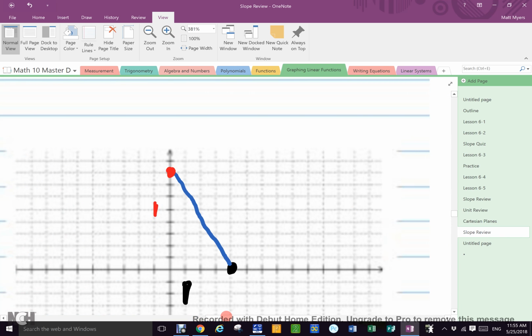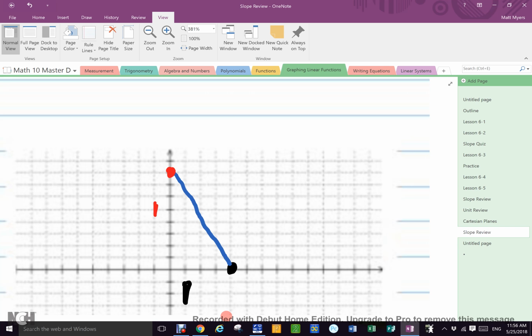How will you find it? Bryce? You can do rise over run, but make sure to keep the y-axis at 8.